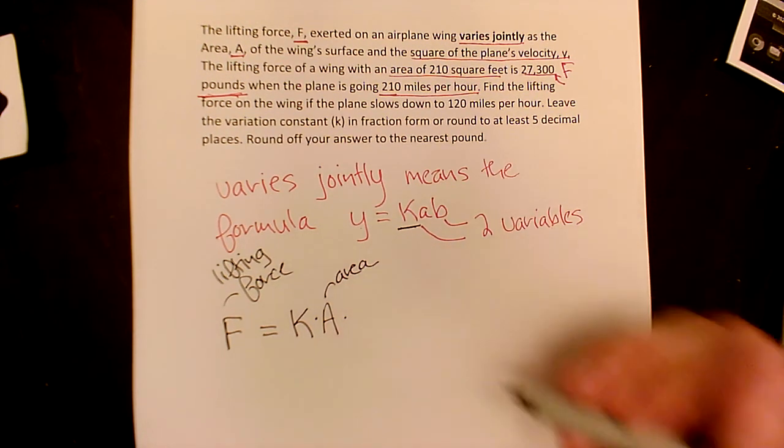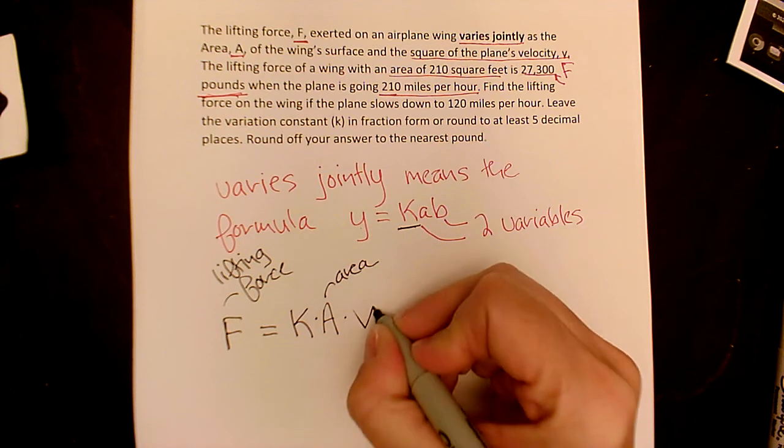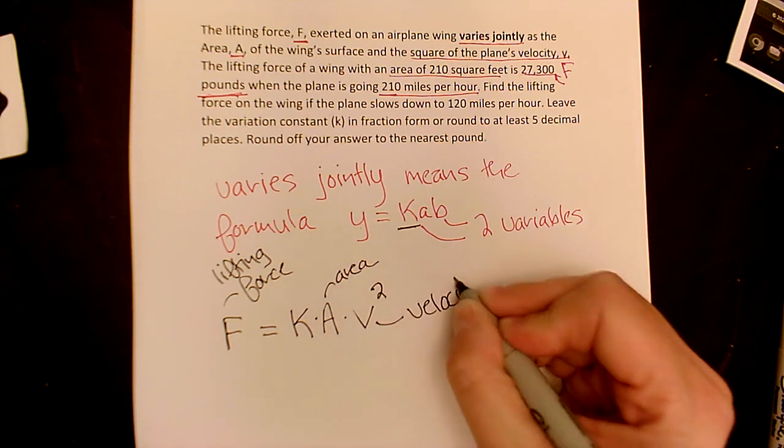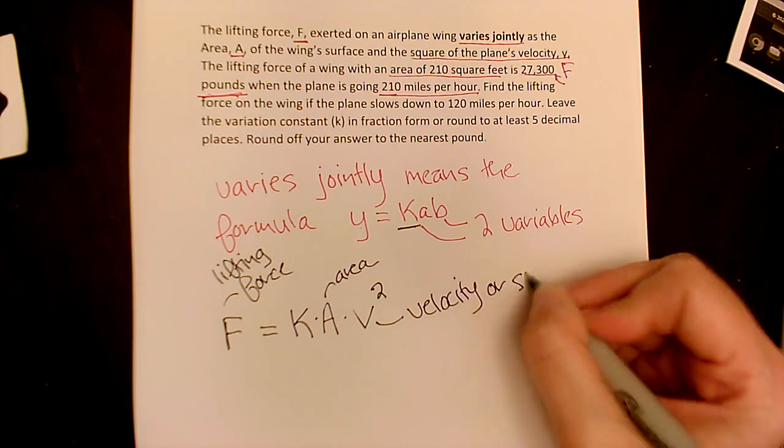Velocity just means speed, and square means we're going to square that.